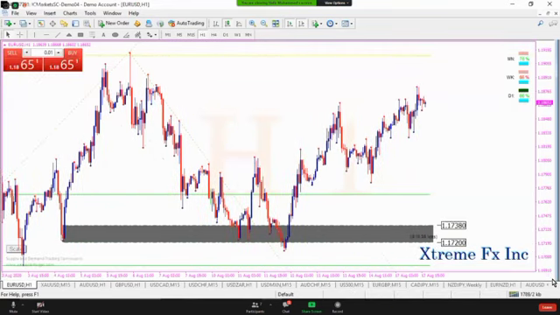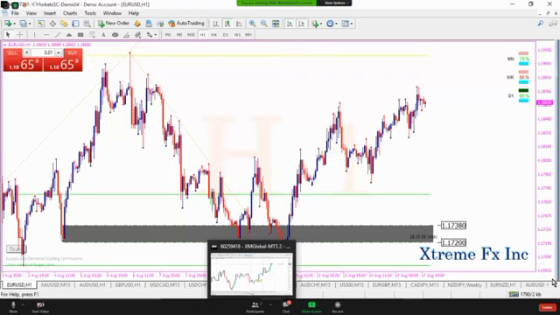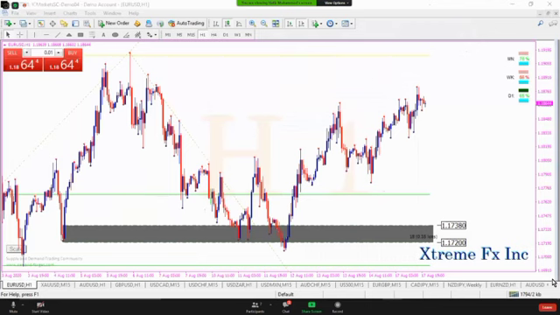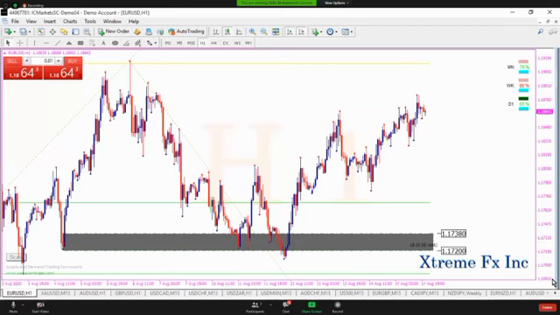Let me try to show you something here, the before of that analysis on the Euro USD.